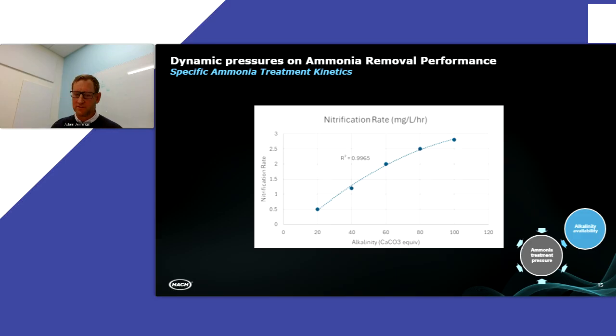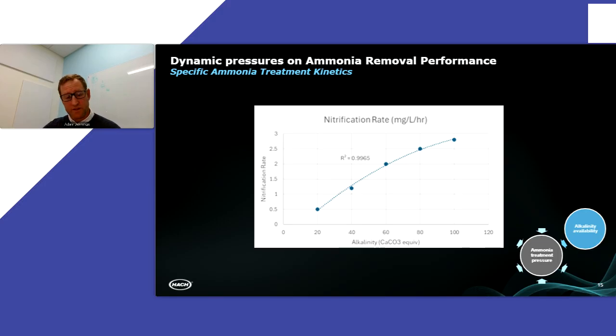So the nitrification rate in our system, how well we remove ammonia biologically, is directly related to how much alkalinity we have available. And so if there's not enough in certain seasons, certain times of the year, certain loading conditions, if we have more ammonia coming in, the alkalinity available for these organisms to do the work that they need to do can be limited, causing some issues and maybe some bleed through in our aeration systems.